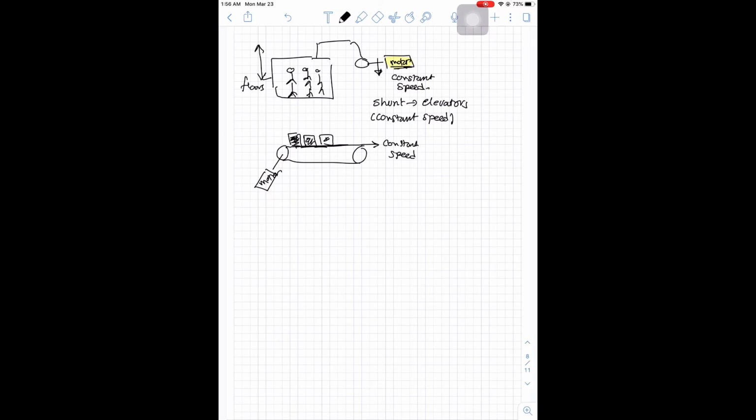So the best motor to use here is the shunt motor again. Why? Because it offers constant speed while your load is changing. Your load here means how many boxes the motor is driving on the conveyor belt, or how many persons are riding the elevator. And we will come back to this characteristic when we study the torque speed characteristic.